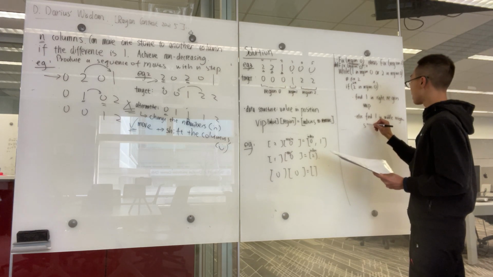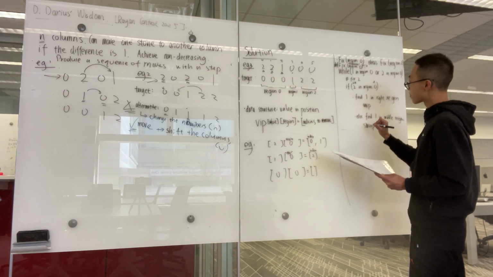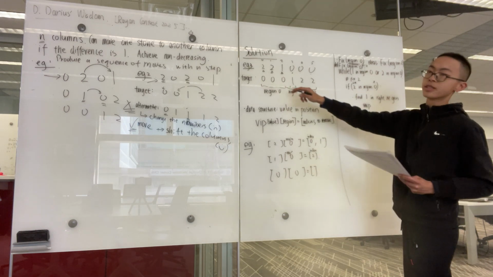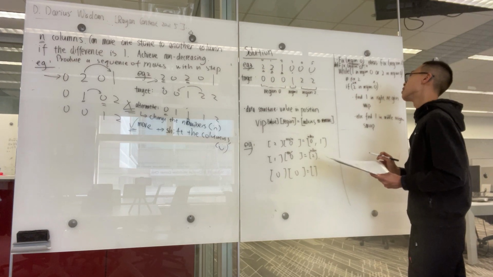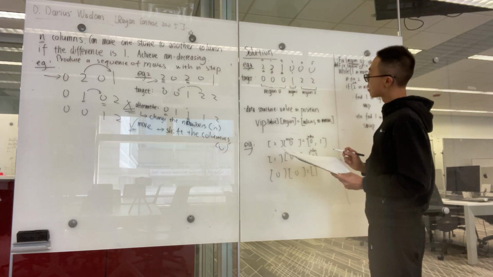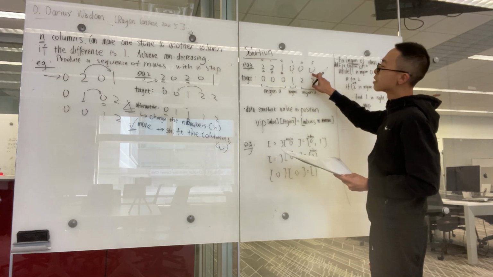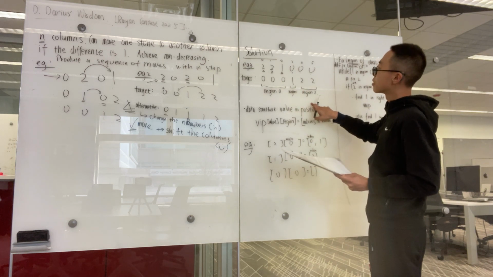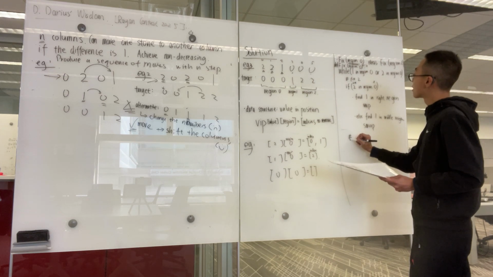And else, if we find one, we can swap. So this means if there are 2 in the region 0, we will first make the 2 into a 1. However, we see here there are no 2s out there. There are no 1s in region 1 or region 2. So let's skip this step and fix 1 first.